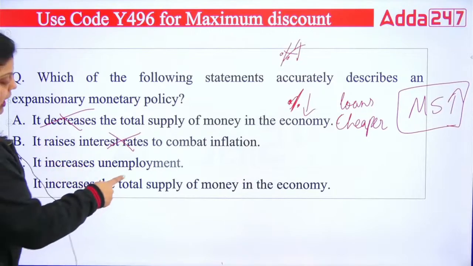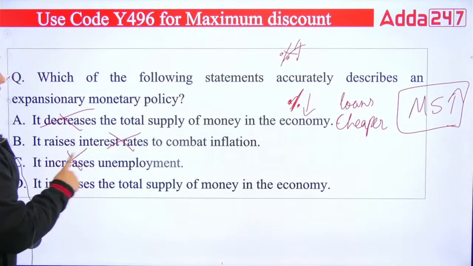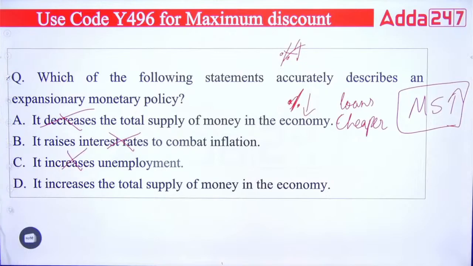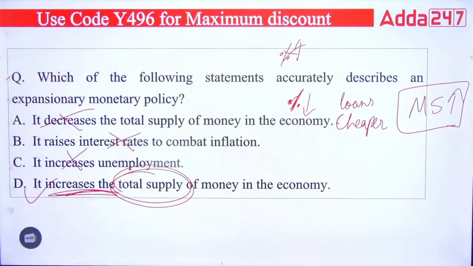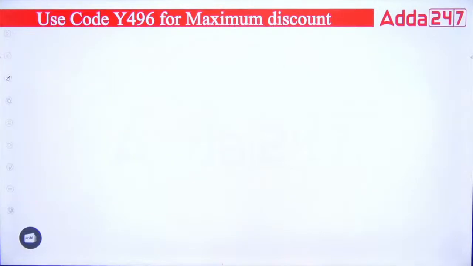And for production, you have to give jobs. And it is saying it increases employment. No, it will increase the employment. So the right answer is D: it increases the total supply of money in the economy. Okay, so what happens if RBI makes an expansionary monetary policy? It will increase the total supply of money in the economy. Right answer is D.